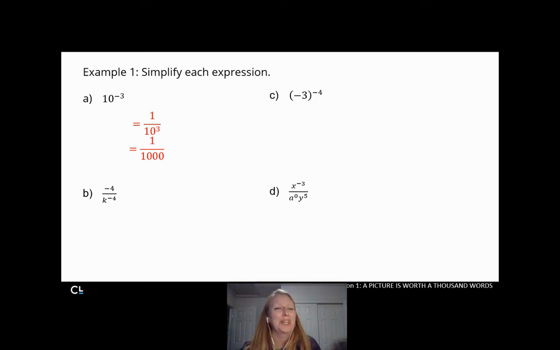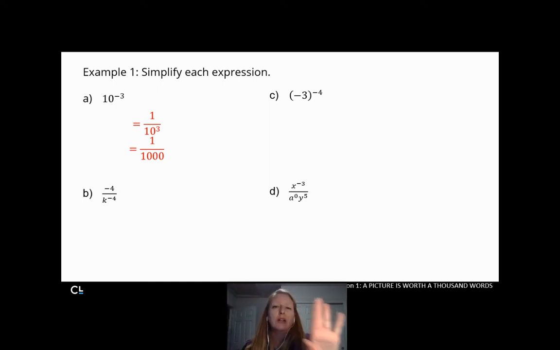You're adorable. I'm working. For part B, I'm not worried about the negative 4 in the numerator. That's not where the problem is. The problem is that negative 4 exponent. I have k to the negative 4th power. But we said we could make our exponent positive just by flipping it, and yes, I am petting my cat while we're doing this, just by moving it to the other side of the fraction.